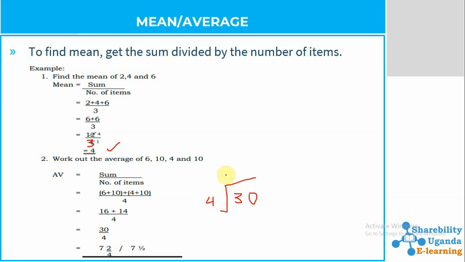We try 7: 7 times 4 is 28. So if you try, 30 divided by 4, we get 7.